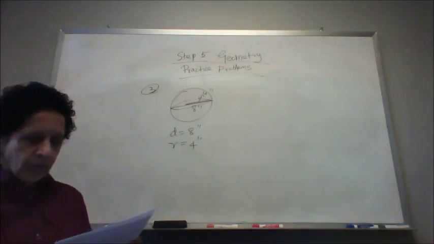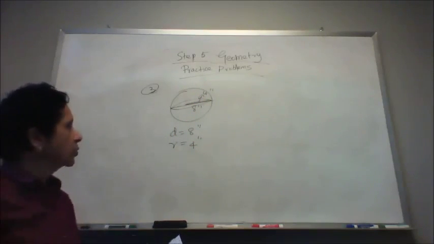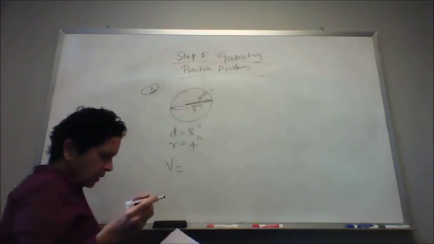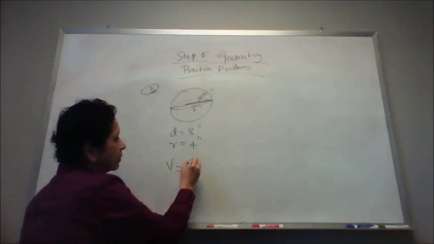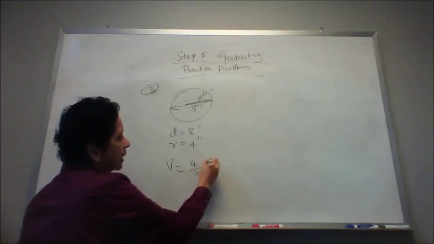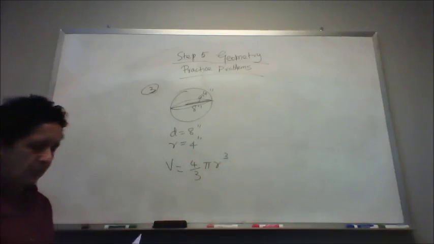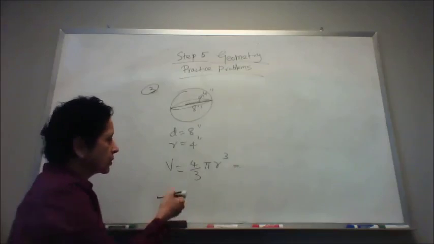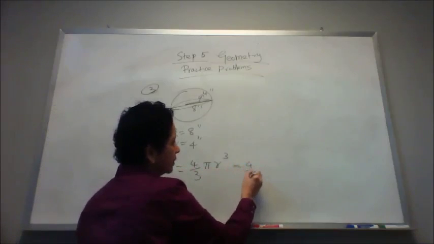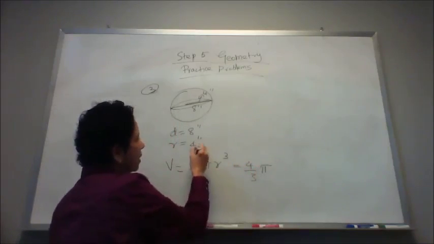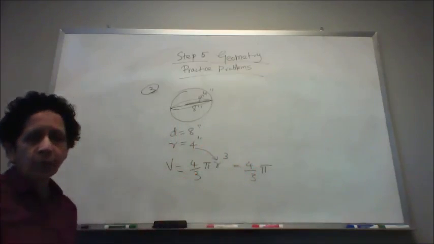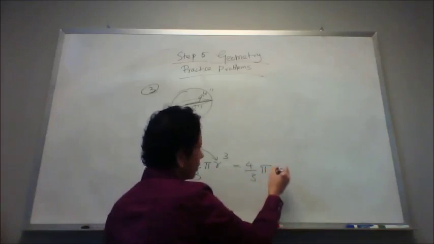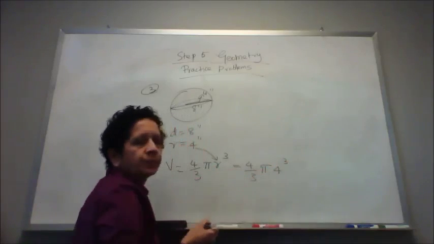So the radius is 4 inches, okay? Now it's asking for the volume of the air, so the volume of the ball, or the volume of the sphere. Looking at the formula sheet, it is 4/3 pi r cubed. That's the volume of a sphere. So now you just need to plug in the numbers: 4/3 pi, and r is 4, so 4 cubed.